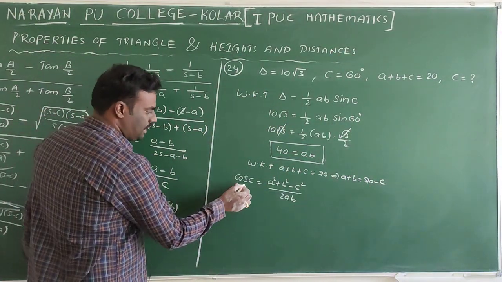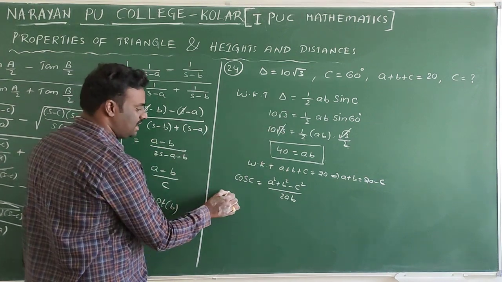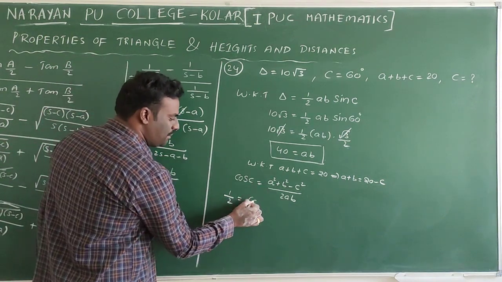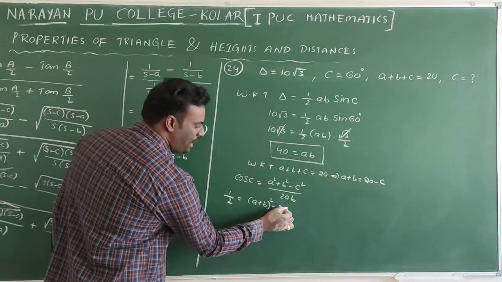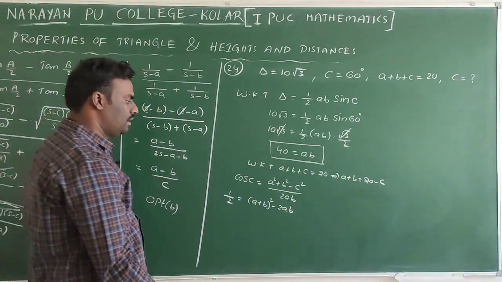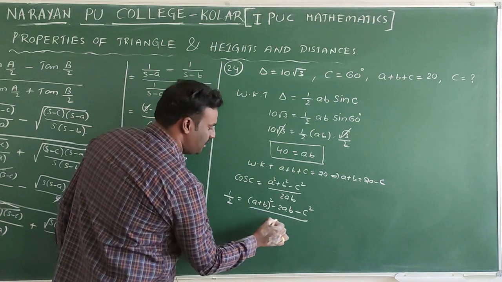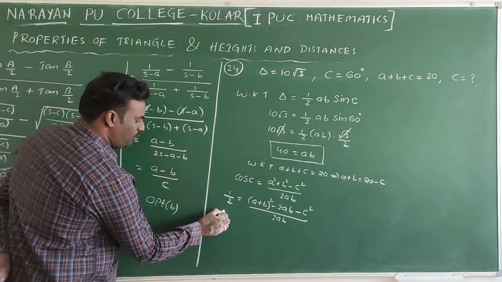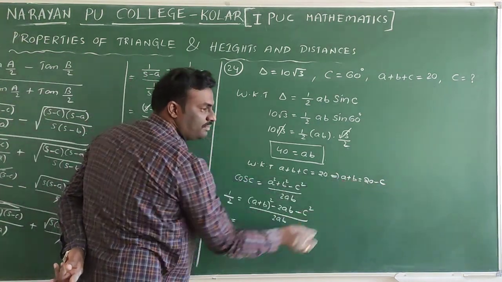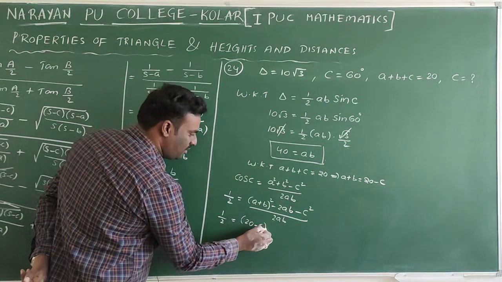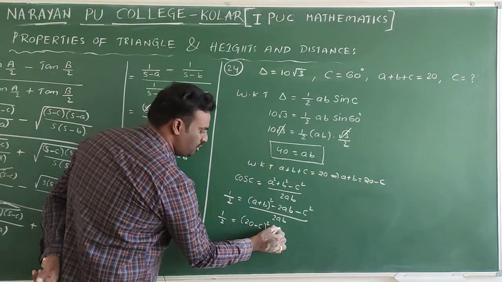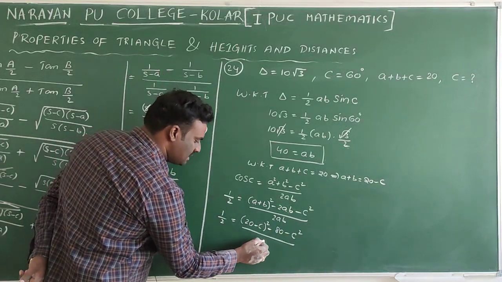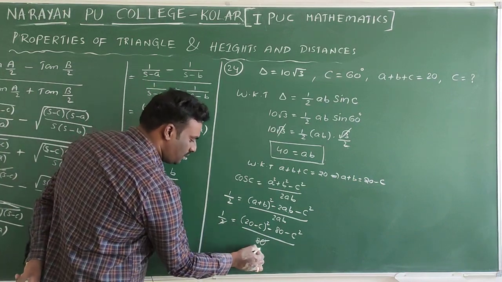Now cos C value: cos 60 is nothing but 1 by 2, equal to a square plus b square, which can be written as (a plus b) whole square minus 2ab, minus c square, by 2ab. Now we convert the entire equation in terms of small c, that's why. Now a plus b is 20 minus c whole square. ab is 40, so 2ab is 80, minus c square, by 2 into 40, that is nothing but 80. 2 ones are 2, 40 times cancels.